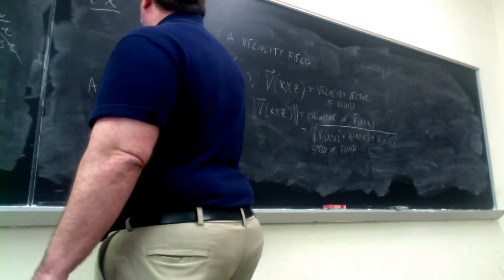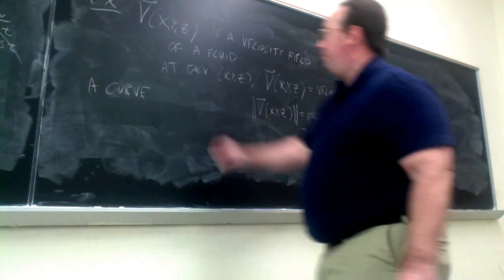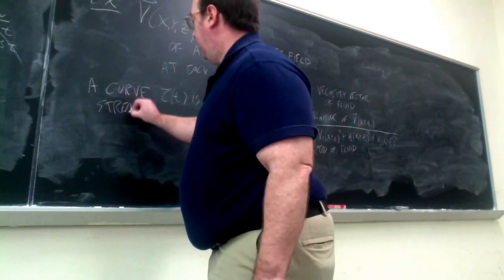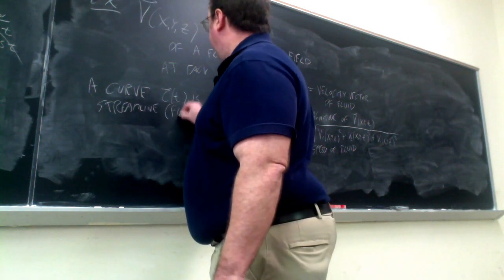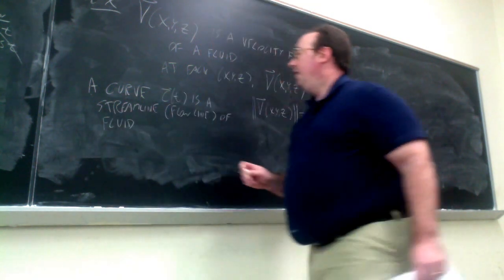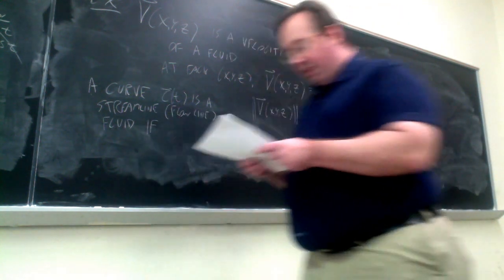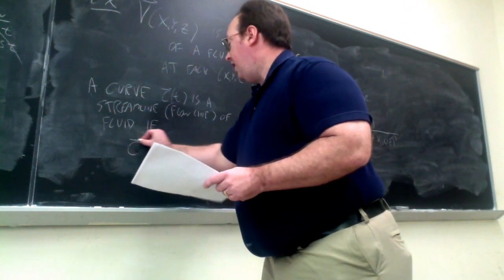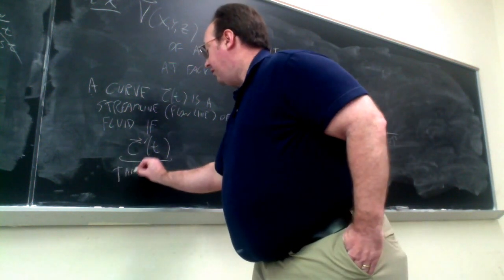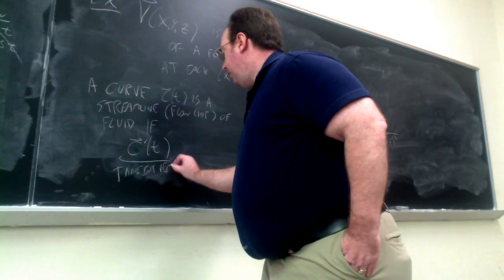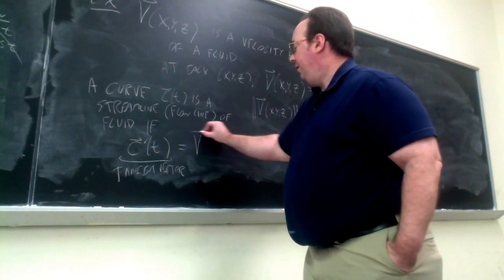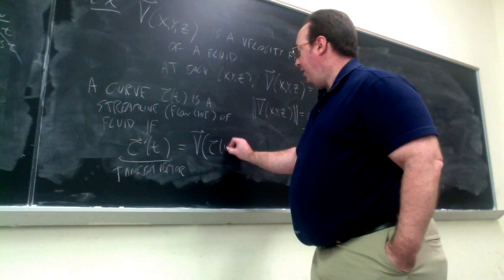If you have a curve, like the curve from this helix example, a curve C of t is called a streamline, also known as a flow line, of a fluid in question if it satisfies this, that at any particular time, C prime of t, which is a vector, this is the tangent vector, something else we'll be dealing with quite often in this chapter, is given by the velocity field at that point.